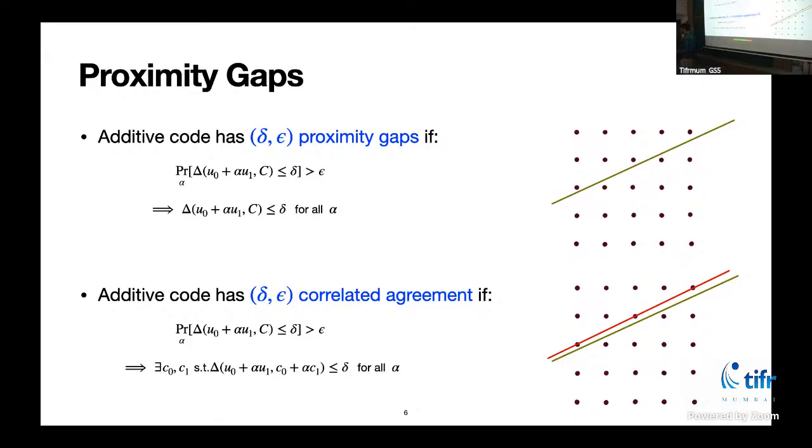But it has to be 1 over q, right? Yeah, but q you can take to be very large. Typically in Reed-Solomon, because you need n evaluation points, q is large. But the statement says that if for a really small but constant, let's say 0.01, fraction of points, you notice that u0 plus alpha u1 looks like a Reed-Solomon code, you want to say that it must actually happen not just for a small fraction, it must happen for everything.